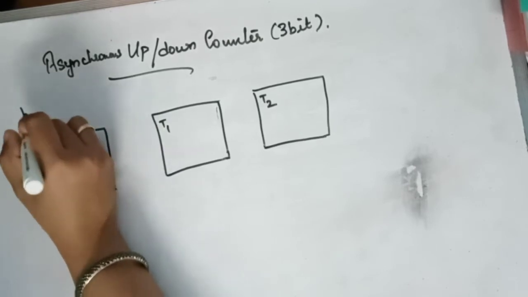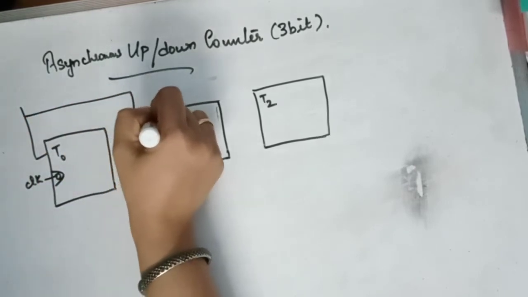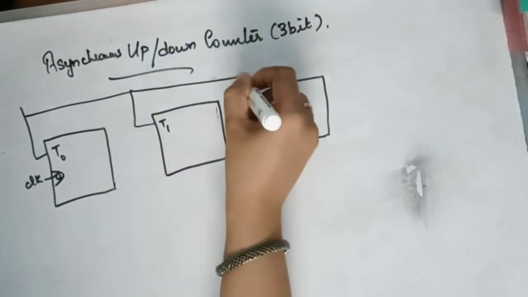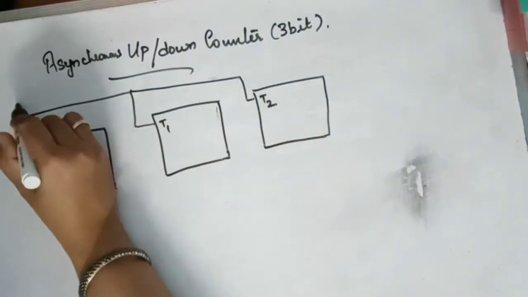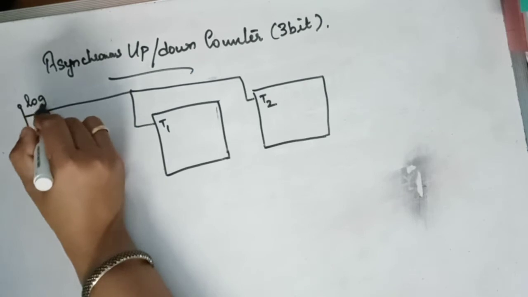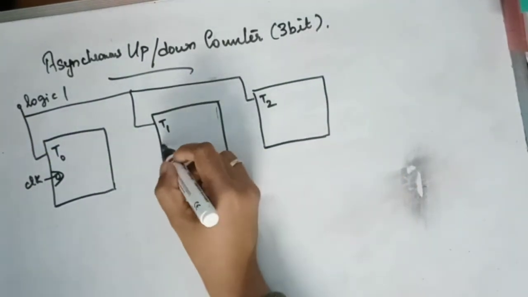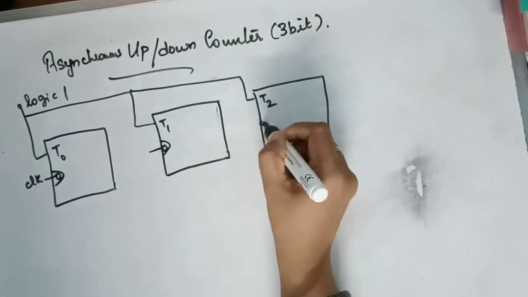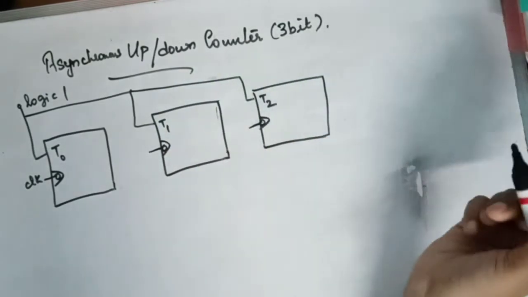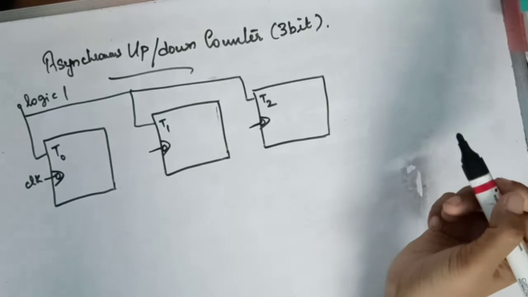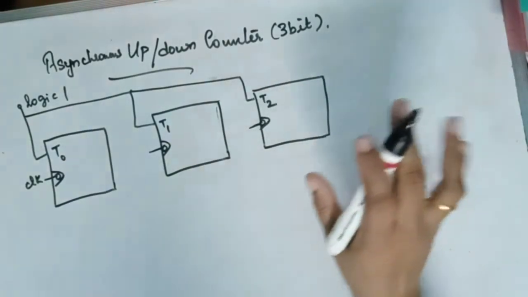and we are making use of the complementing of the flip-flop logic. So you'll be connecting all the T flip-flops to 1. So these are the clocks. So what is our logic?